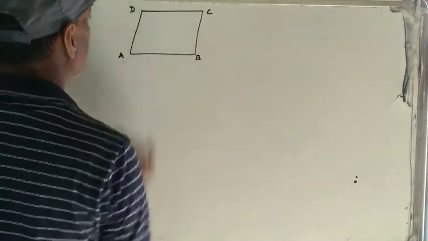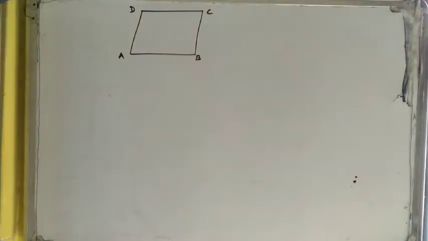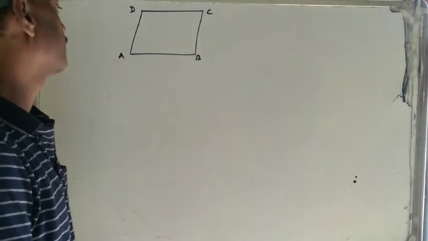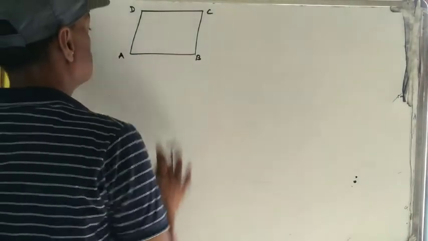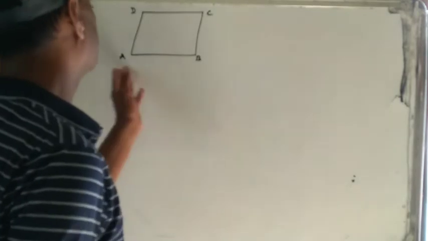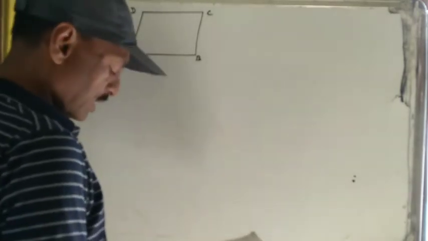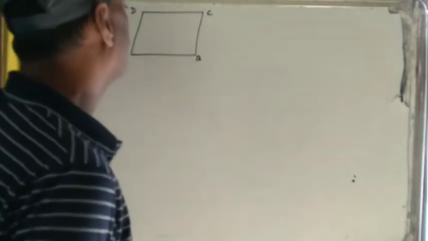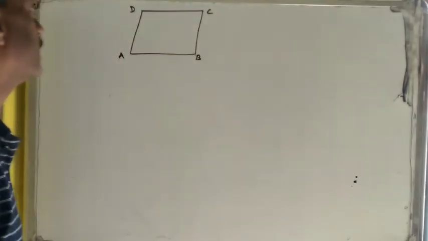If this is a rhombus, then the sum of the squares of its sides will be equal to the sum of the squares of its diagonals.